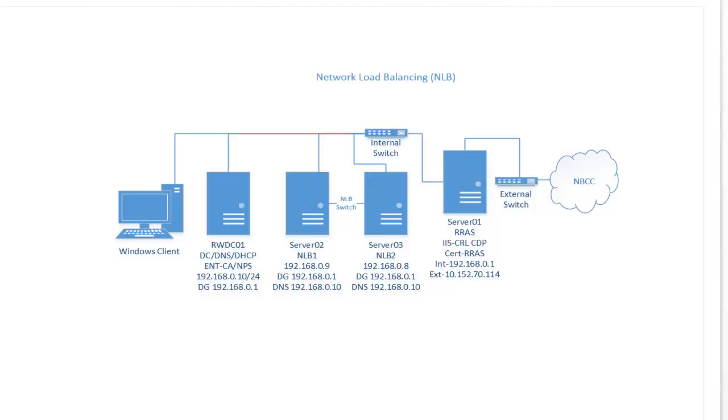Hi, so in this demo, I want to go through network load balancing, and you can see in the diagram that from our last course I've made some modifications. Specifically, I've added server 03. So in order to pull this off without major reconfigurations, we want to keep a domain controller.